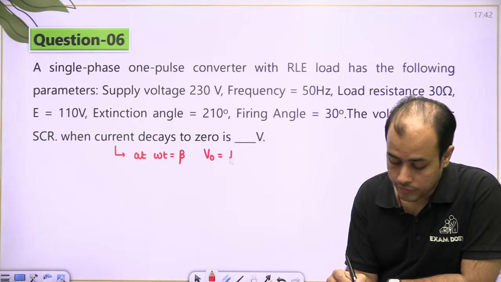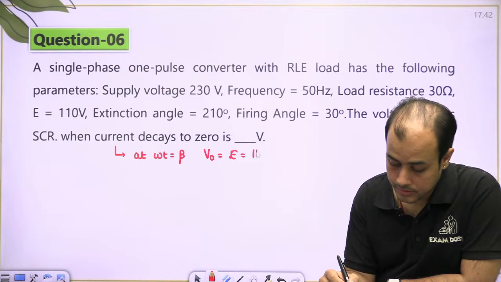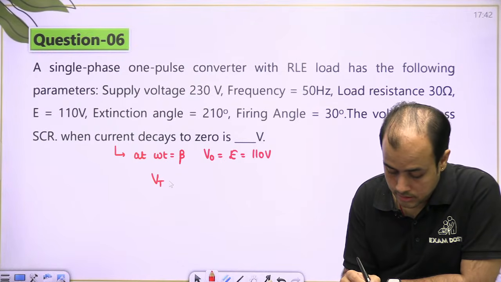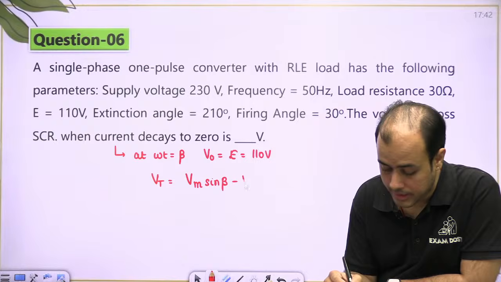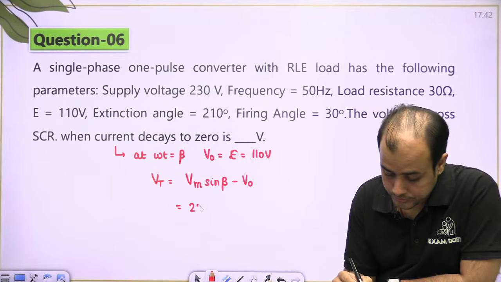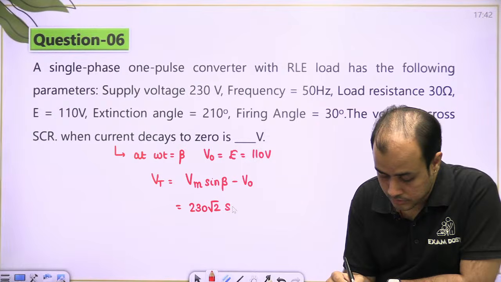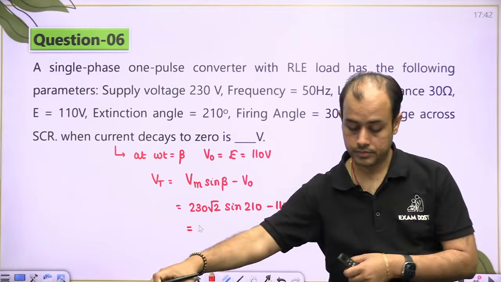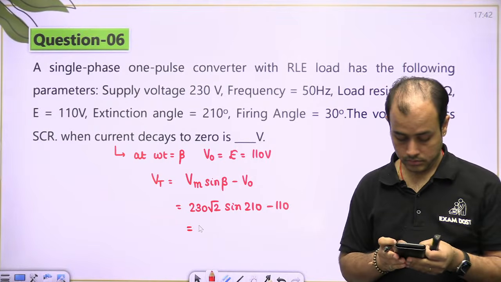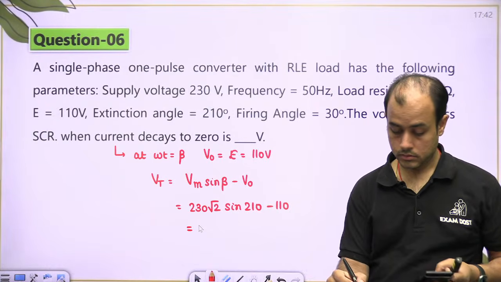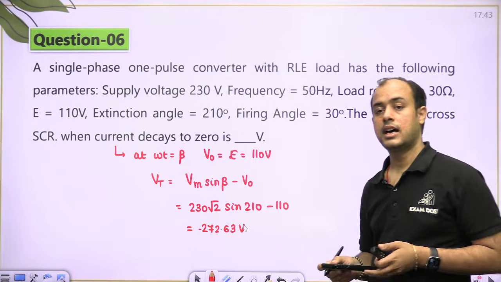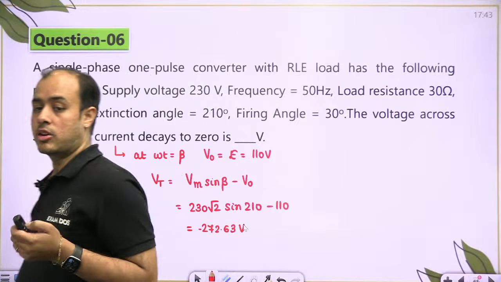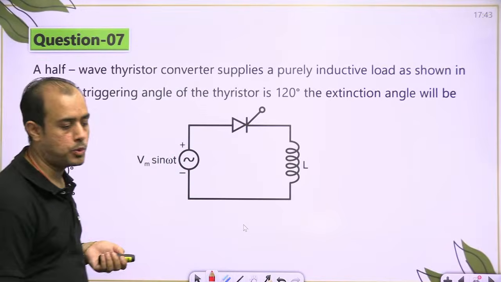When current is 0, V naught becomes equal to E. So thyristor voltage will be supply minus output. तो दिस इज थायरिस्टर वोल्टेज. समझ गए? बिकॉज व्हेन करंट इज 0, वोल्टेज आउटपुट इज E.